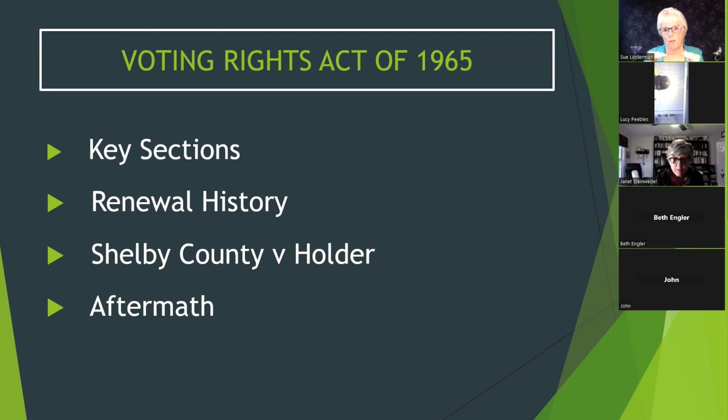That is its authority. Section 4 included a formula to identify jurisdictions that had a history of racial discrimination in voting. These could be states, counties, cities. And the formula said, based on this data, these are clearly jurisdictions that have systematically sought to prevent African Americans from voting.